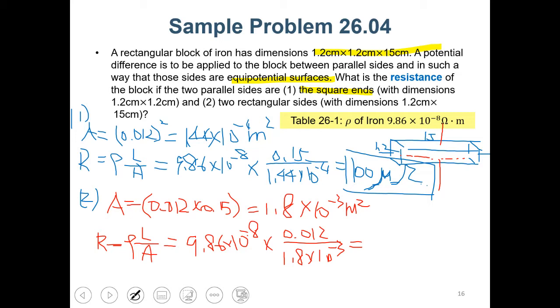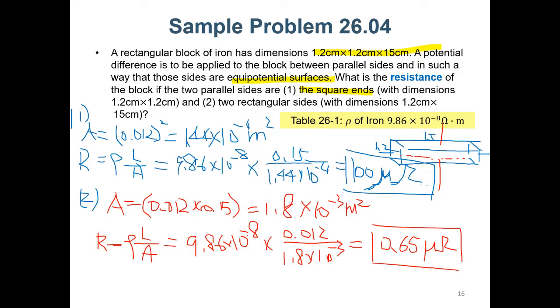So the resistance is 0.65 micro ohm. So in this case, the resistance is much smaller than the previous case because we have a much shorter length but a much larger cross-section area. So any questions?